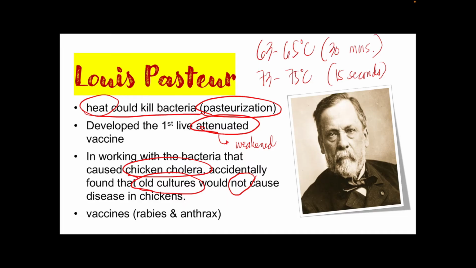So still the concept of attenuation can be found in this instance. And also, Pasteur applied the principle of attenuation to the prevention of rabies and also anthrax. So attenuation can be done through heat, aging, or chemical means.